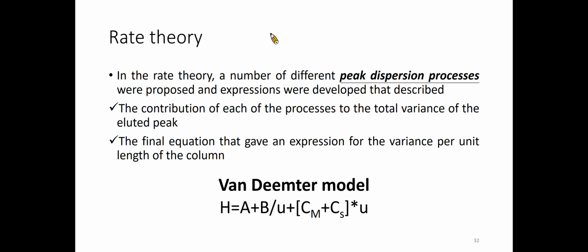The rate theory is a more realistic description of the processes at work inside a column, taking account of the time taken for the solute to equilibrate between the stationary and mobile phase, unlike the plate model, which assumes that equilibrium is infinitely fast. The resulting band shape of a chromatography peak is therefore affected by the rate of elution. It is also affected by the different paths available to solute molecules as they travel between particles of stationary phase.